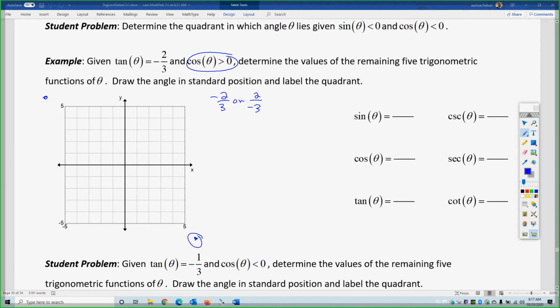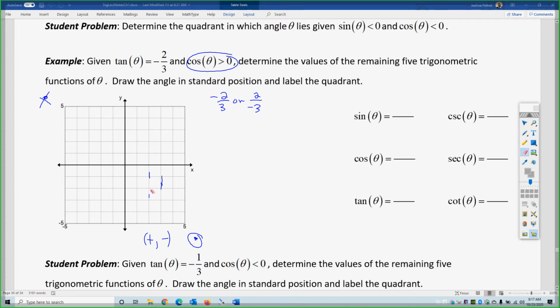Therefore, it must be in this quadrant, because in this quadrant here, cosine is negative, because this is the negative-positive quadrant. Okay, so I have a choice. I can either go 2, then 3, or I can go 3, then 2. So the question is, how do I know which way to go? It's going to be one or the other.